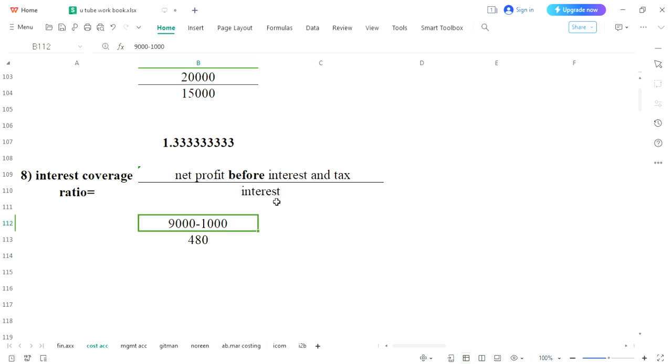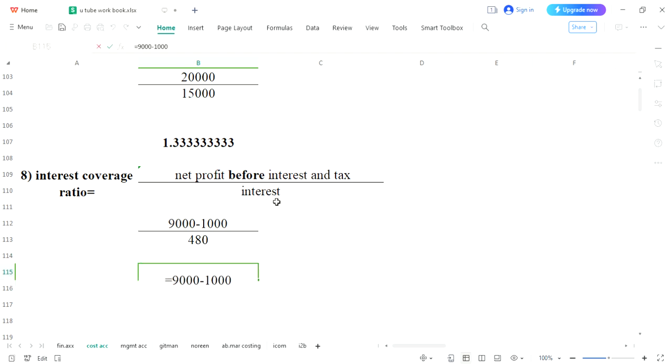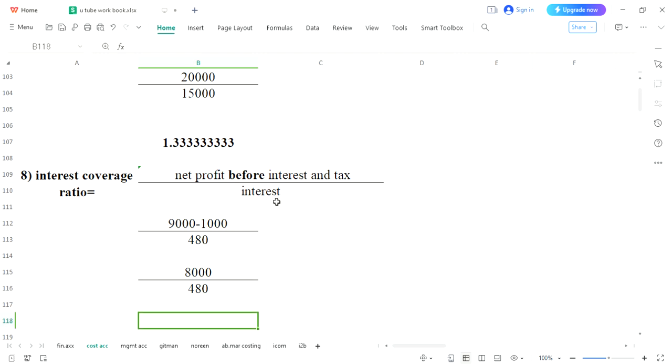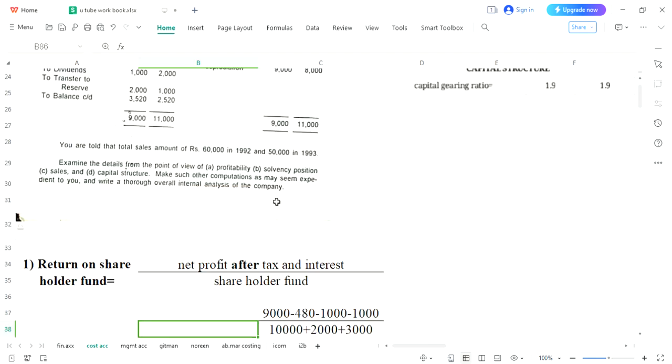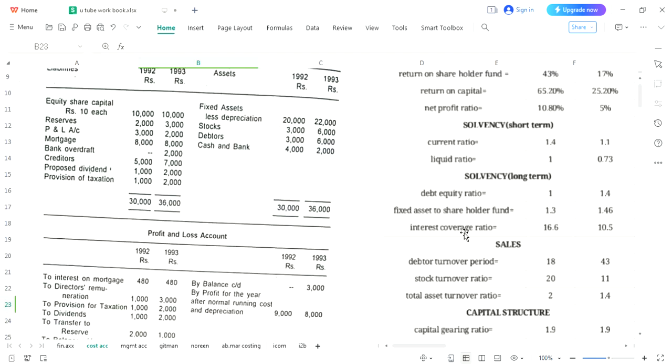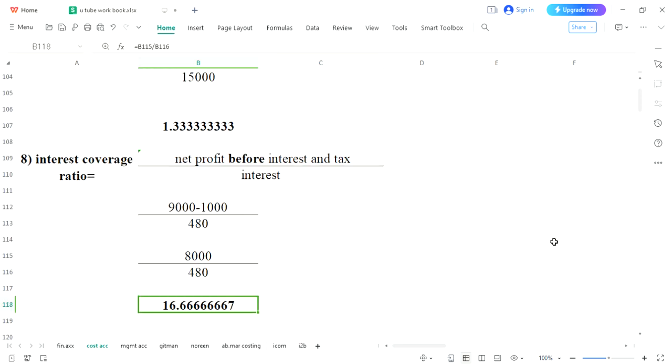Now 8000 divided by 480, where 8000 is net profit before interest and tax. So we have got 16.6 times interest coverage ratio. In this way our answer has been completed for interest coverage ratio.